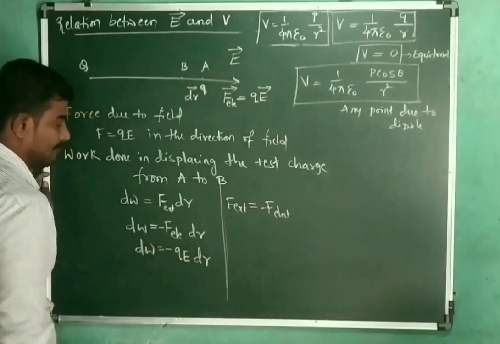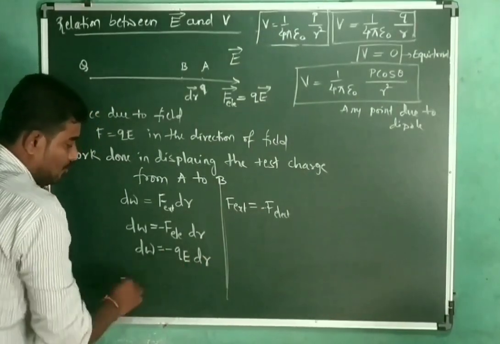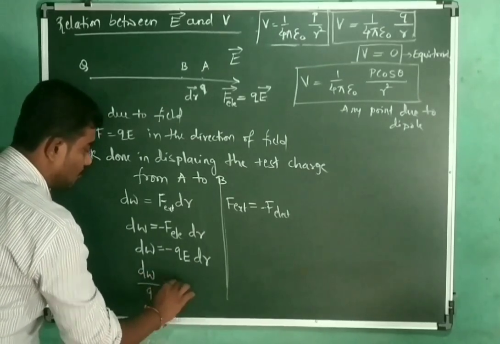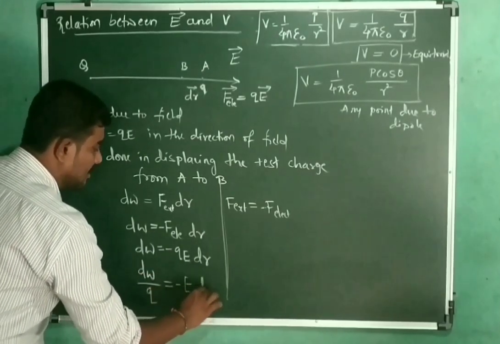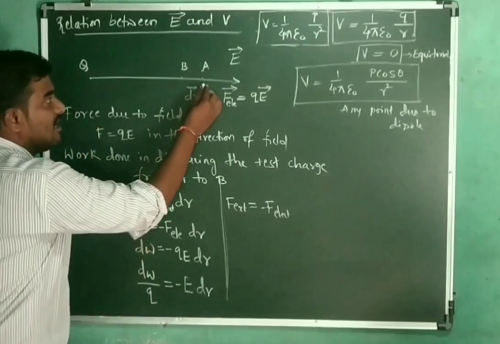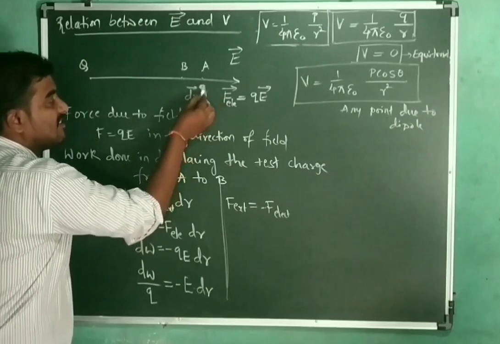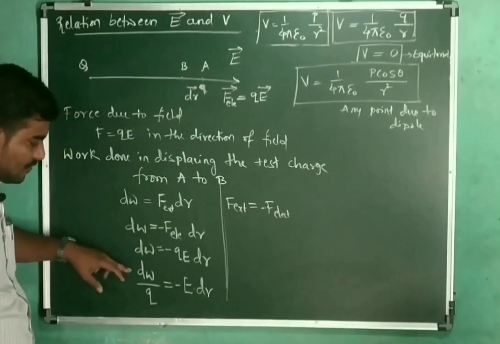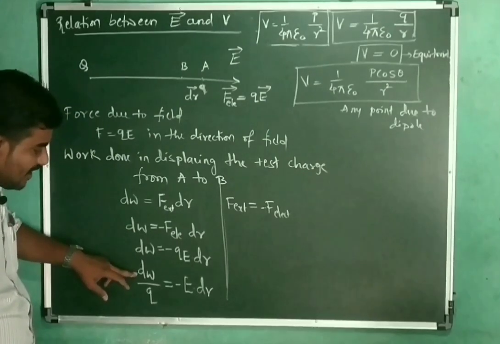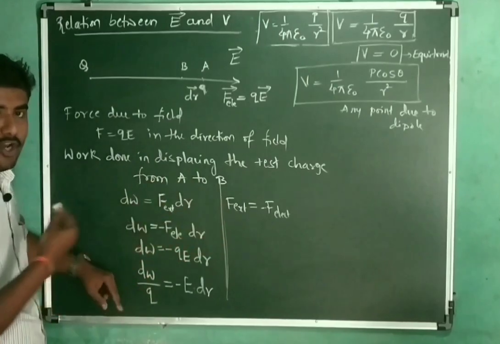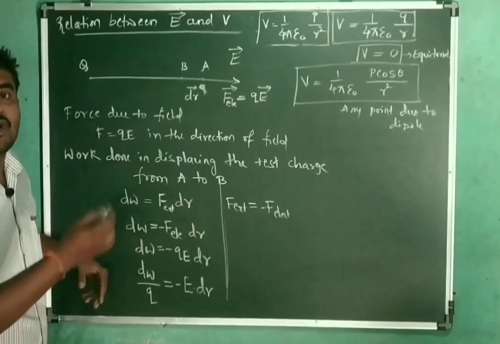dW is equal to, I will bring this Q this side. Therefore it is going to be dW divided by Q is equal to minus E into dr, where dW is what? Work done in bringing this positive test charge from A to B. And in the previous video we have discussed work done in bringing a unit positive charge from one point to another point is called as what? Electric potential.